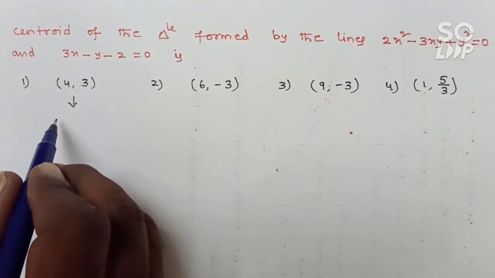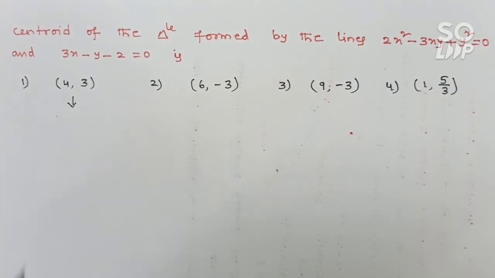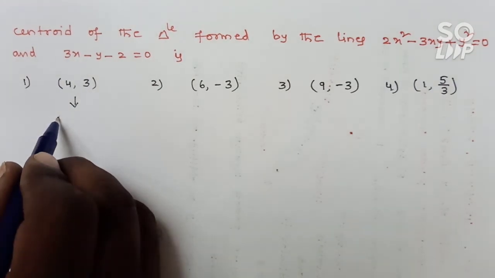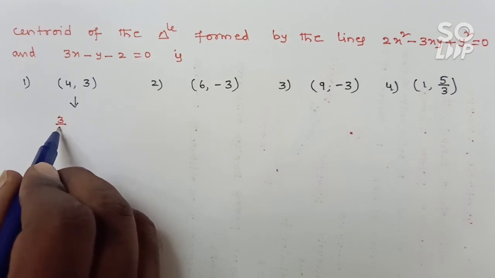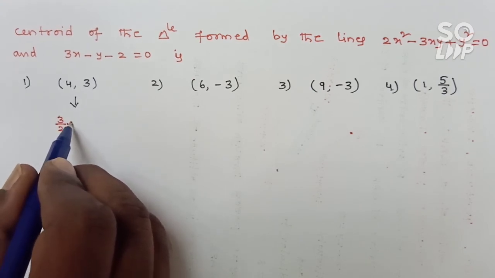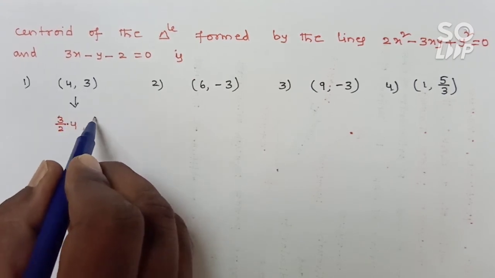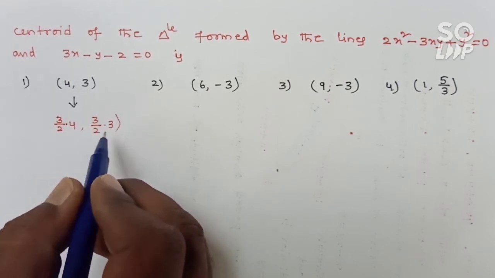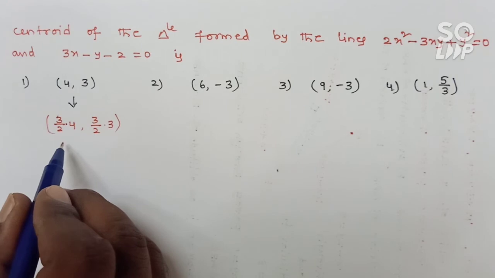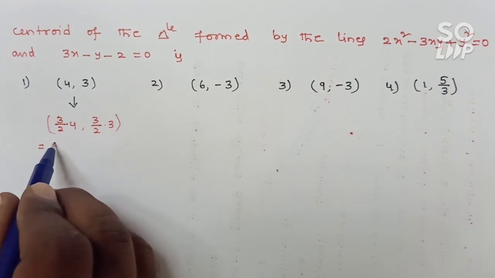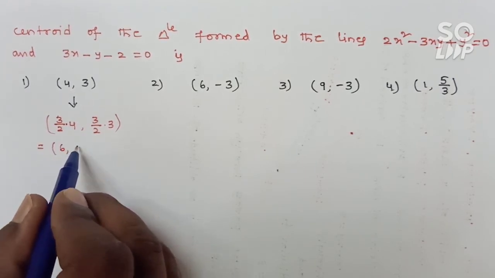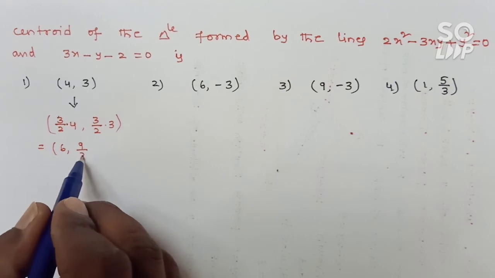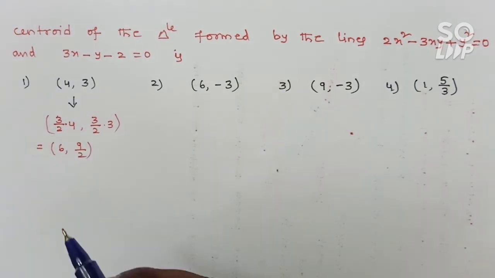Suppose this is the correct answer. Now 3x1/2 means 3/2 into 4, comma 3/2 into 3. So this value will be equal to (6, 9/2). This is the midpoint of the third side.